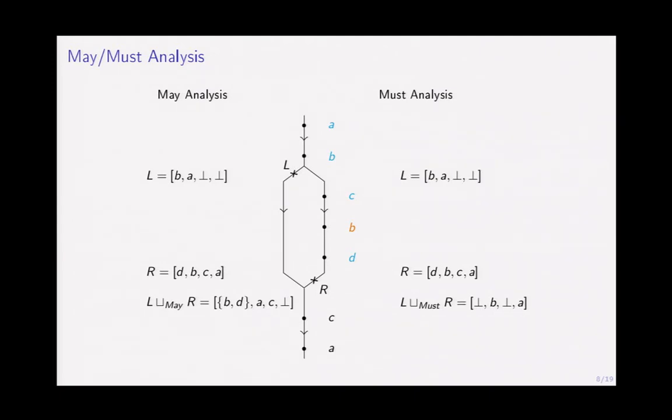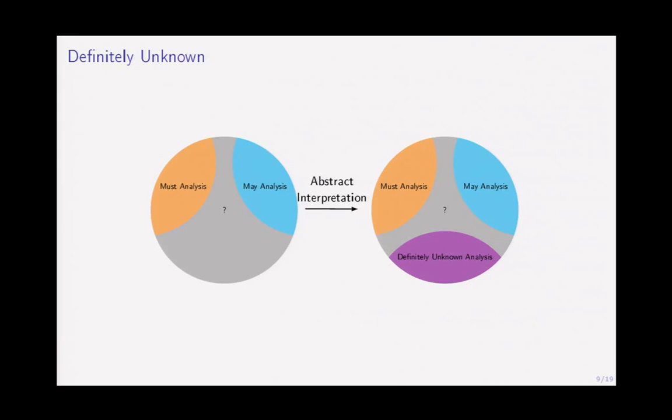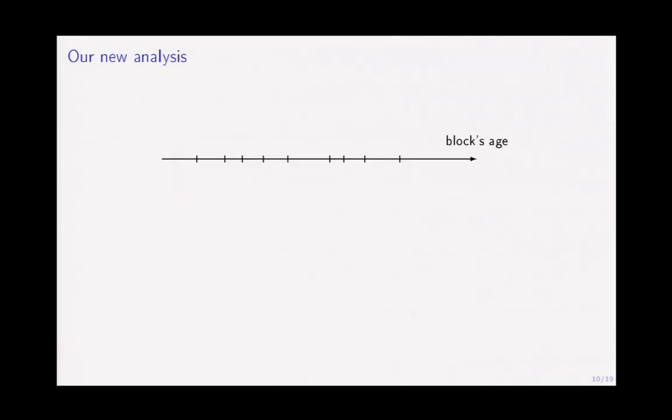But these 2 analyses leave our 2 last accesses unclassified. And so before running the model checker, we try to classify them as definitely unknown by our new analysis. The idea is similar to the May and must analysis. We compute lower bounds and upper bounds on block age. But instead of maintaining bounds that are valid for every execution path, we only keep bounds that are valid for at least 1 execution path.